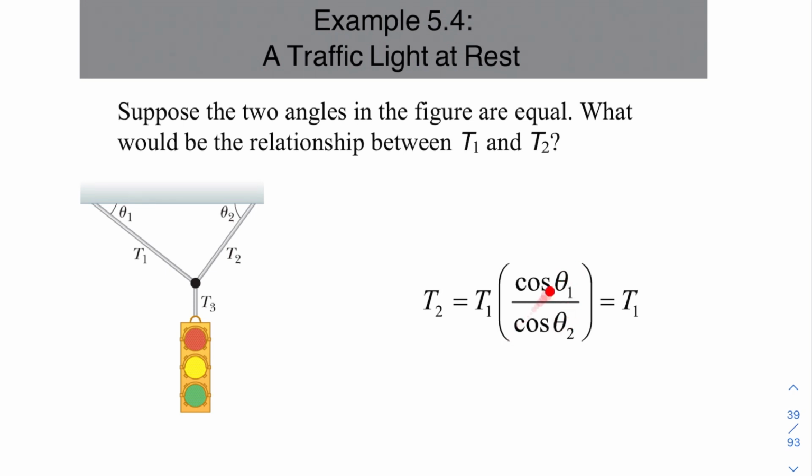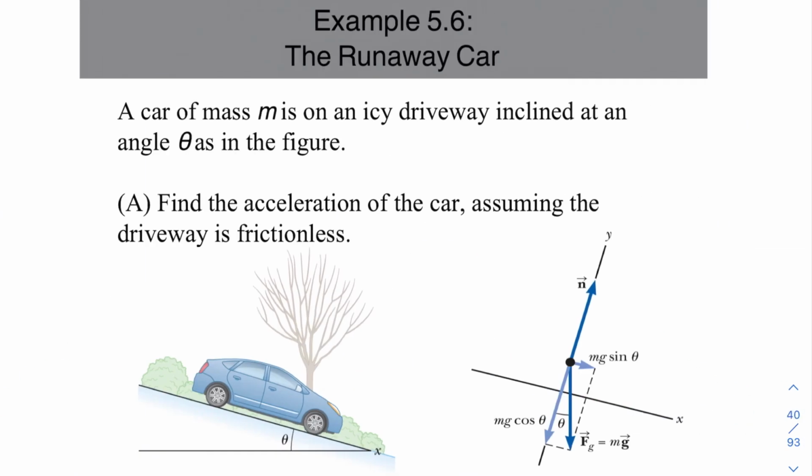What will happen? This one is going to be, with the value of it, 1. Isn't it? So it means T2 will be equivalent to T1. That will be the answer for the question.